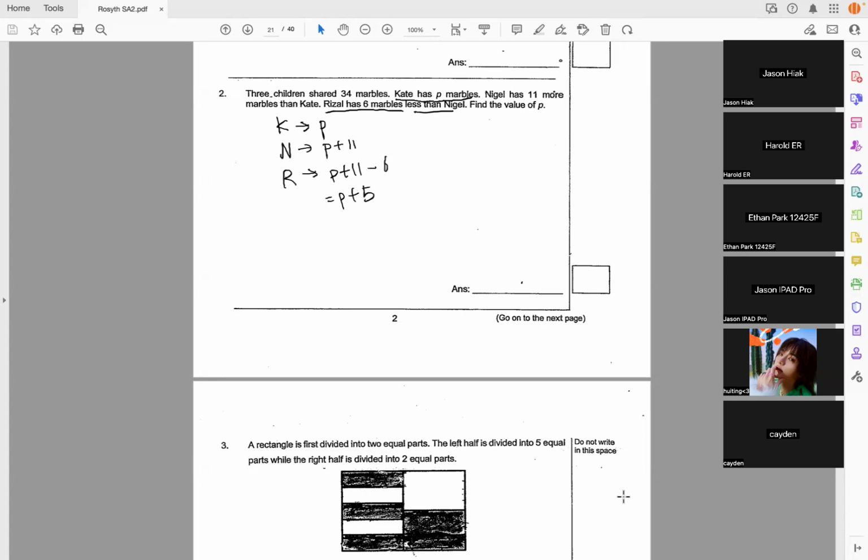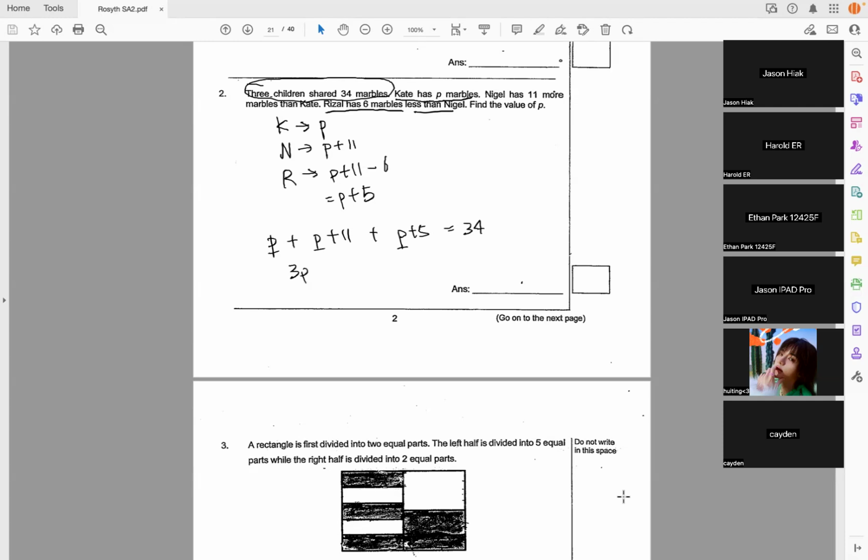Okay. So the question says all the 3 children have 34 marbles altogether, meaning Kate plus Nigel plus Riza should be equal to 34. I'm going to bring all the P together: 1, 2, 3.